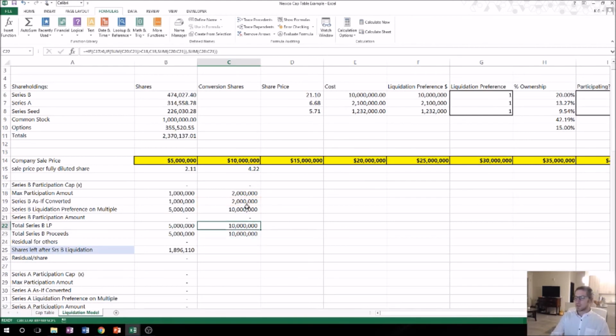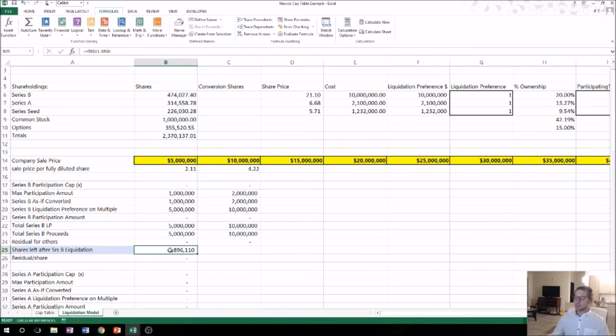And obviously we're going to take the 10 million over the 2 million in this scenario. So the residual for others is the total Series B proceeds minus the company's sale price. So that's how much is left for the rest of the shares to split up. In this case, it's still 0.